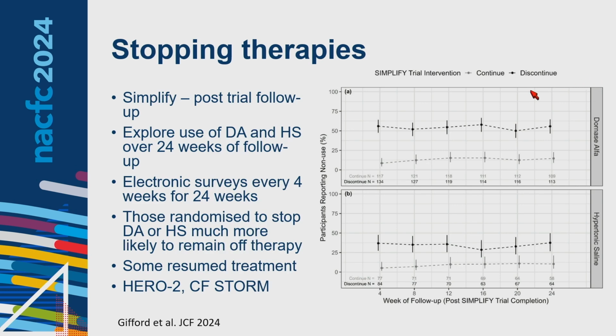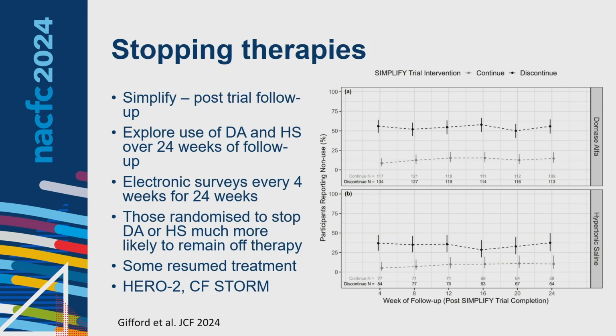So I'll just bring you over to this top graph, and this again is just looking at Dornase alfa. On the y-axis, these are participants reporting non-use. So this is after the study. This lower light gray arm were people who, in the study, were to continue with their Dornase alfa.